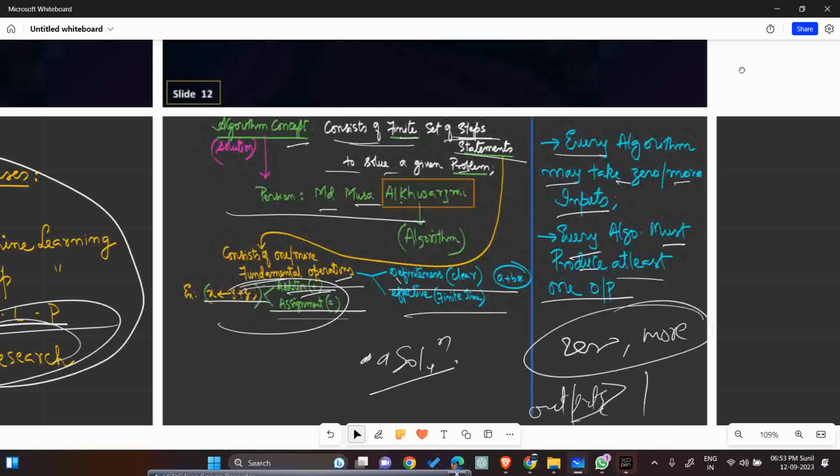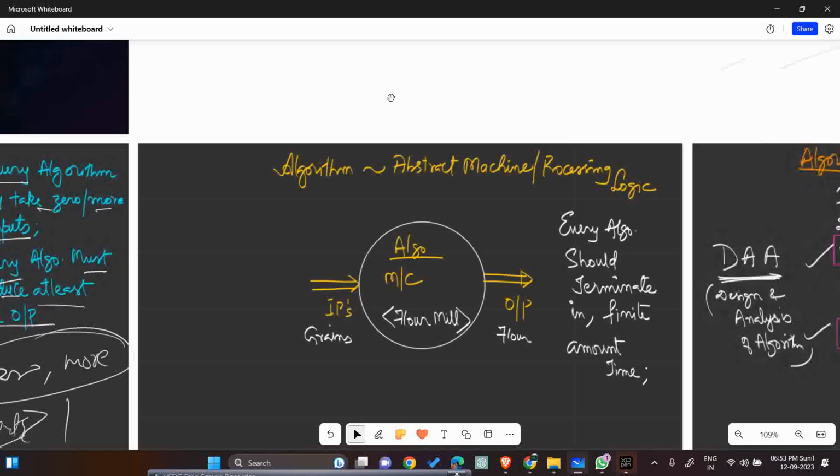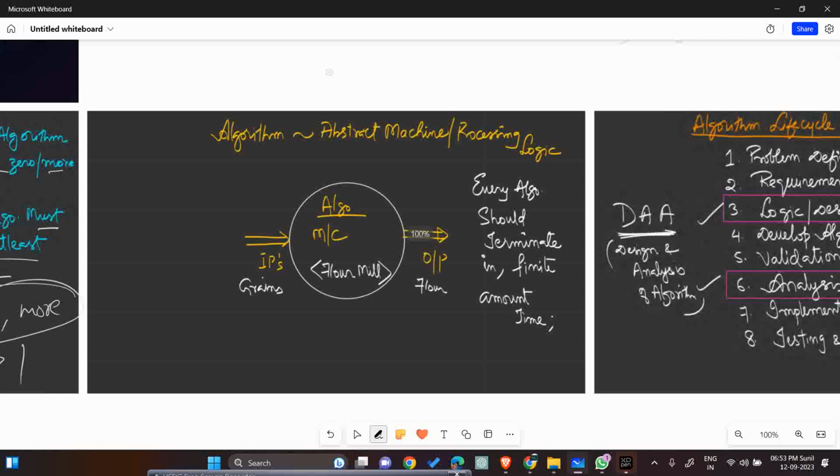So the fundamental operations are statements. Algorithm, abstract machine, processing logic. Input, algorithm or machine, formal output flow.